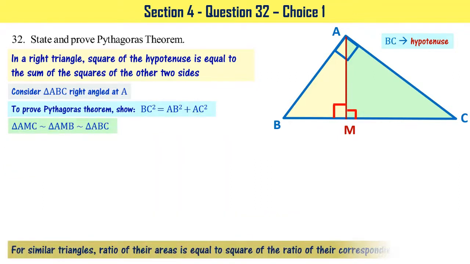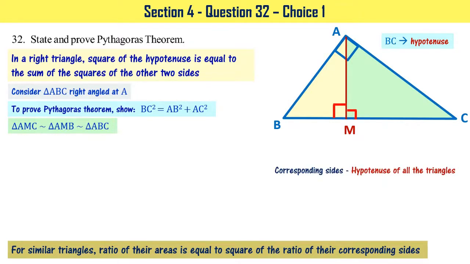And there is another theorem. It says that for similar triangles, ratio of their areas is equal to square of the ratio of their corresponding sides. If I take ratio of area of triangle AMC and triangle ABC, that is going to be equal to square of the ratio of their corresponding sides. Now, what are the corresponding sides?